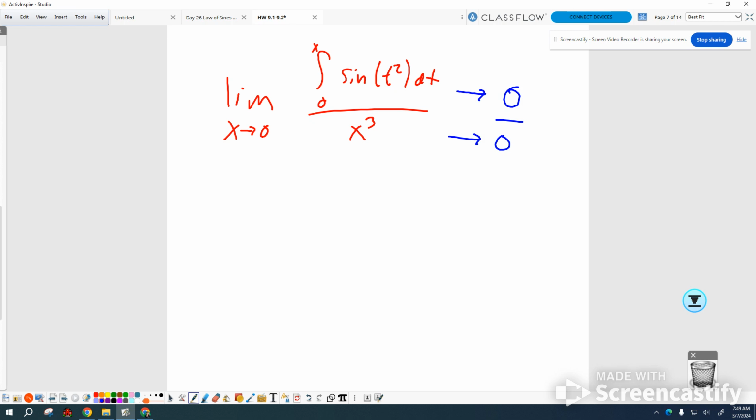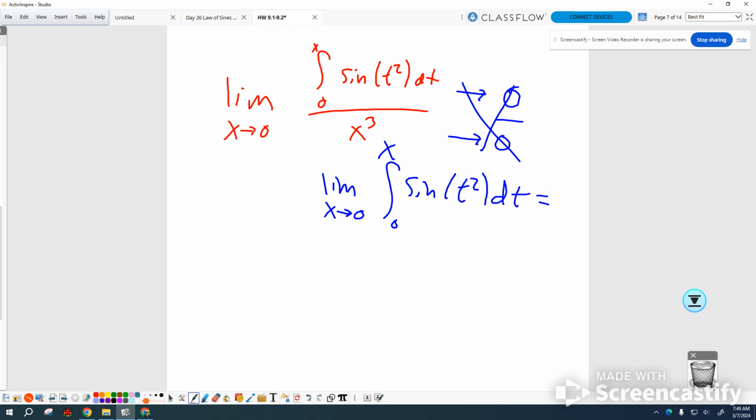Is that enough for the AP to say, yes, you checked that L'Hopital's applies? Okay, the answer would be no. I've never modeled that and distinctly said, no, you absolutely must pull apart the numerator and test.